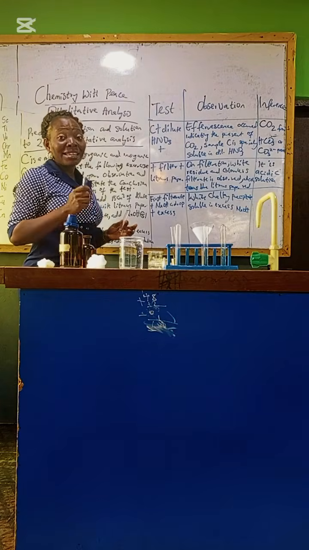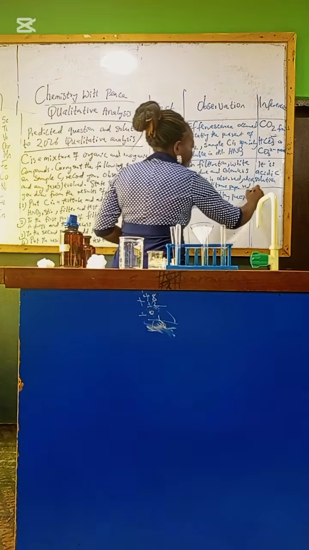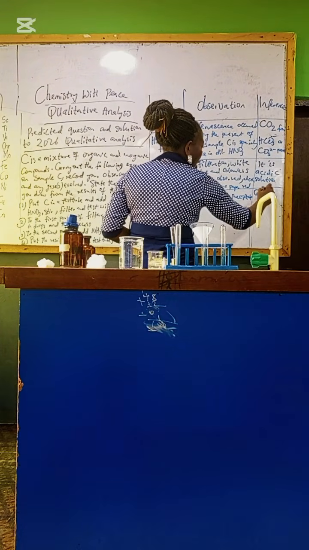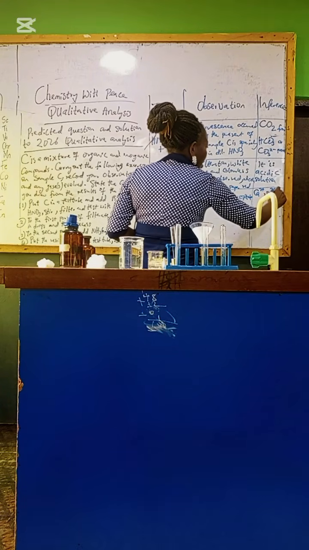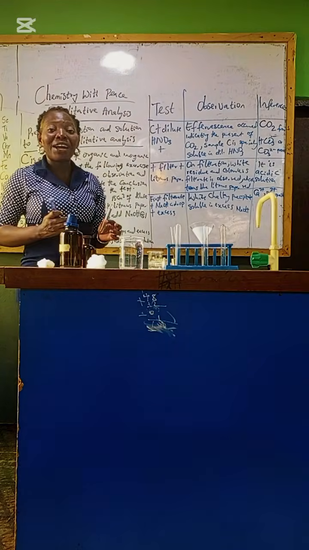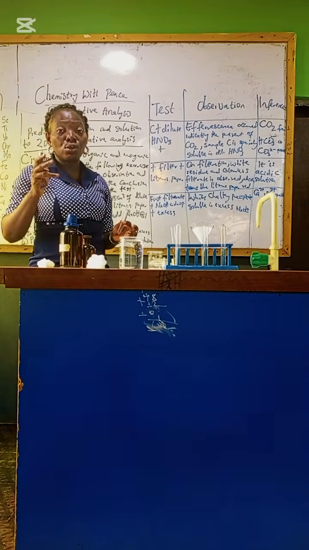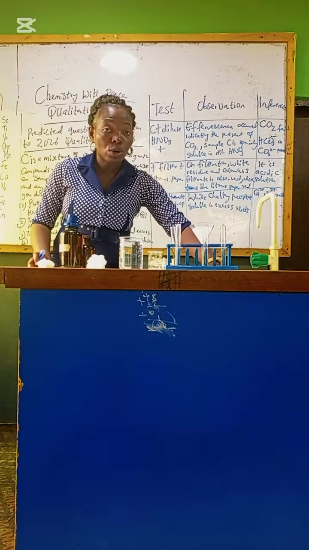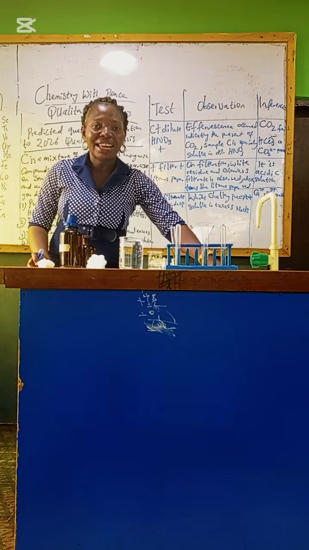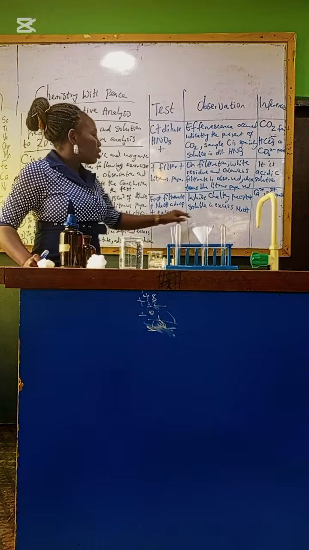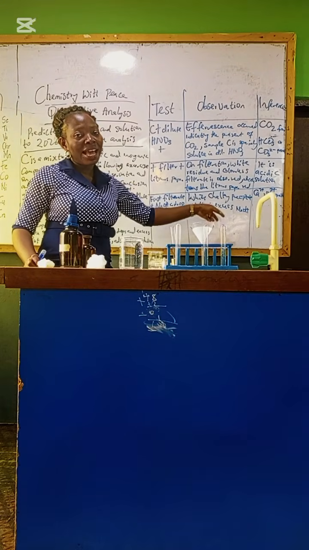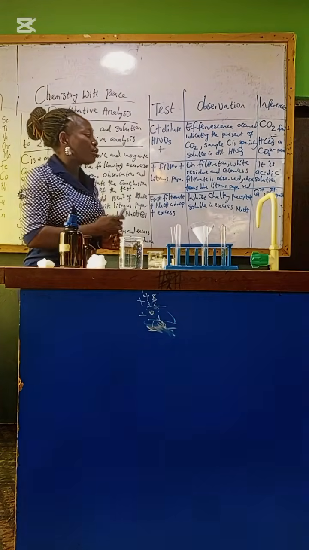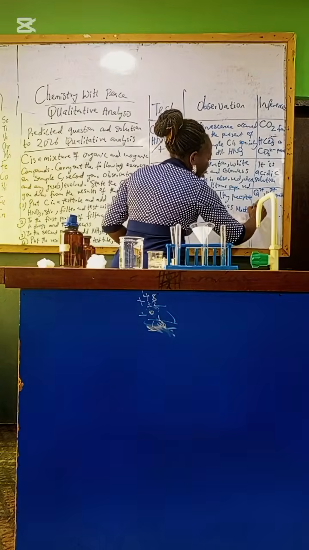So under it in the inference, we are going to write Ca2+ or Pb2+ present, calcium 2 ion or lead 2 ion present. That's what we are going to write under the inference. Then soluble in excess sodium hydroxide. For that, we are going to write lead 2 ion present.